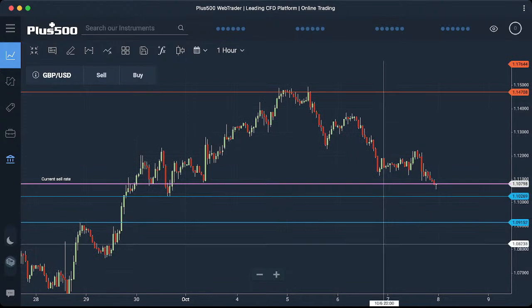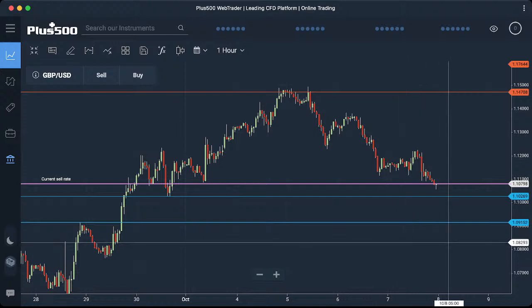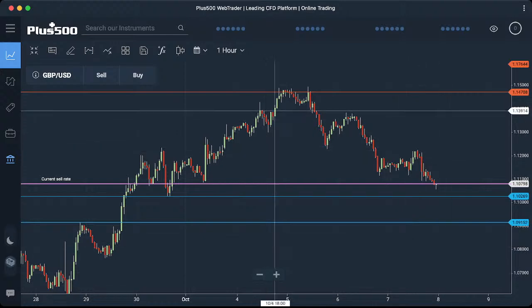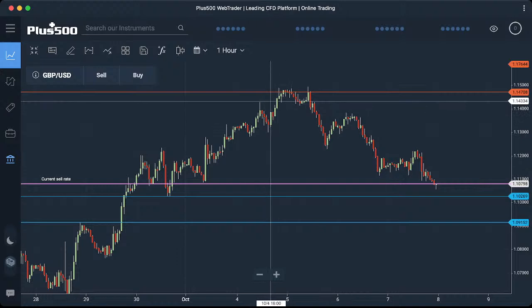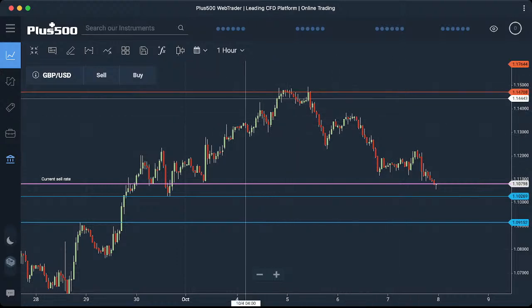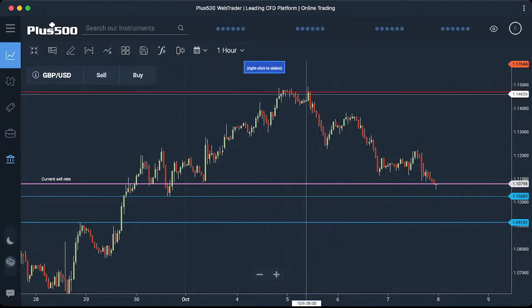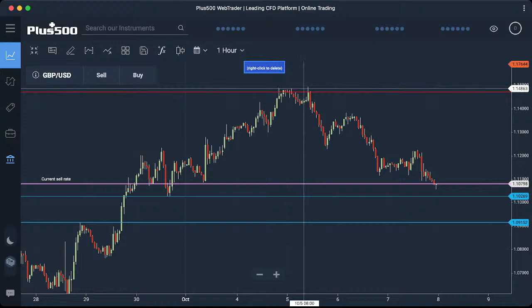Actually, Tuesday it touched the weekly order block, and on Wednesday, during London session, it went above this high to take the liquidity, and then it pushed to the downside.